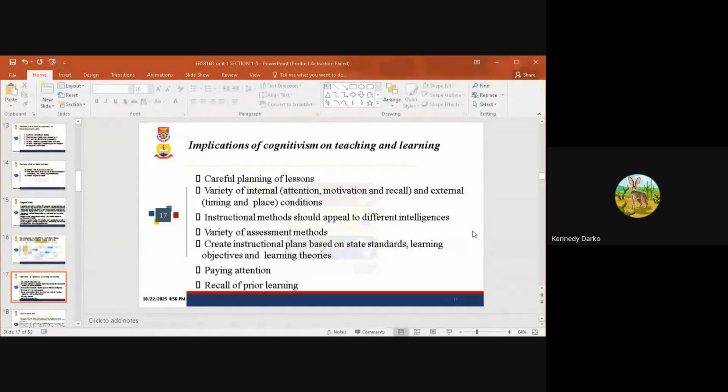If you try to joke and have divided attention, you will not get anything at the end of the lesson. We have recall of prior learning, that is the previous knowledge. You need to revise it so that you now link the new one to it. That is the implication of cognitivism on teaching and learning.